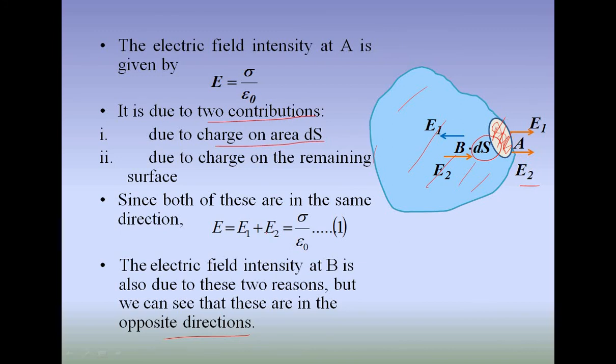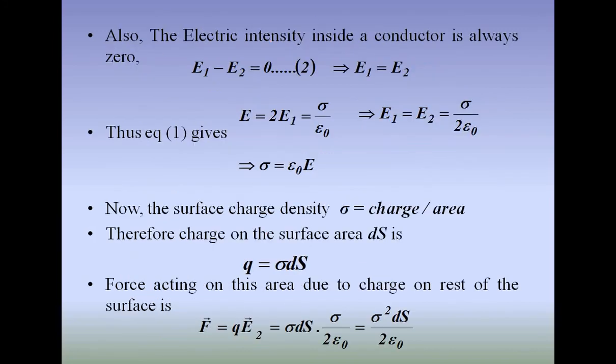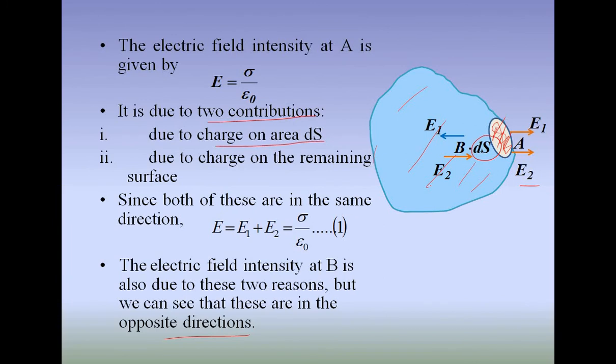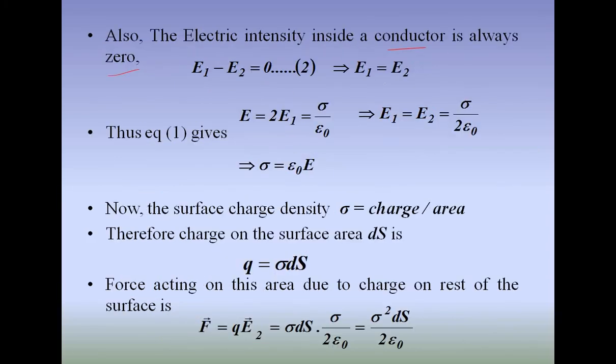Okay, so we come to the point that the electric field inside the conductor, as we know, is always zero, and according to this we know that E1 and E2 are opposite to each other, so we will write E1 minus E2, and inside it is 0, so E1 minus E2 is equal to 0, and from this we will get E1 is equal to E2. So you know that previously we wrote that E1 plus E2 is equal to sigma by epsilon naught.